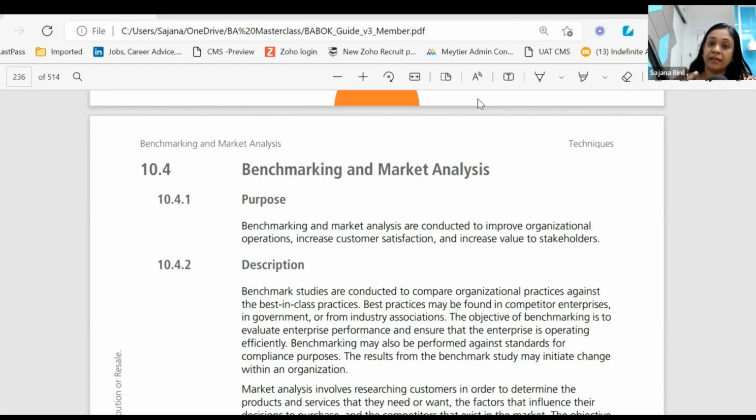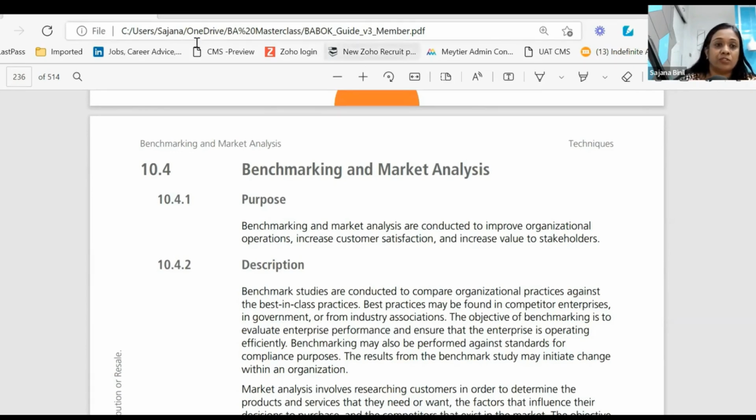They compare the company's strengths and weaknesses with that of their competitors, the best in class, the people who are above them in the ladder, to see where the gaps are and how we can reach up to that level. Benchmark is primarily done for that. You can say it is competitor analysis or market analysis.